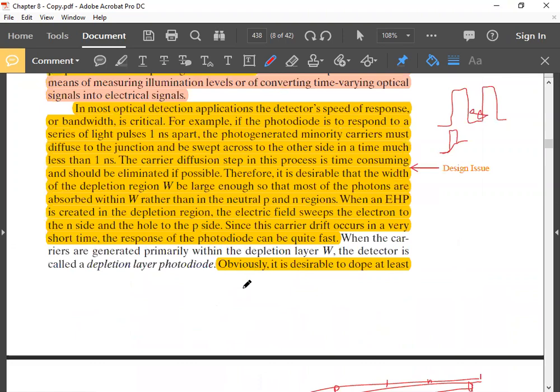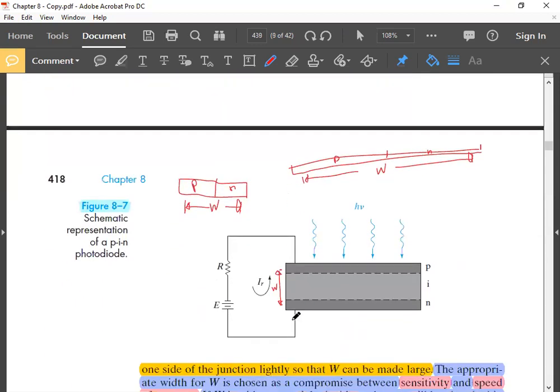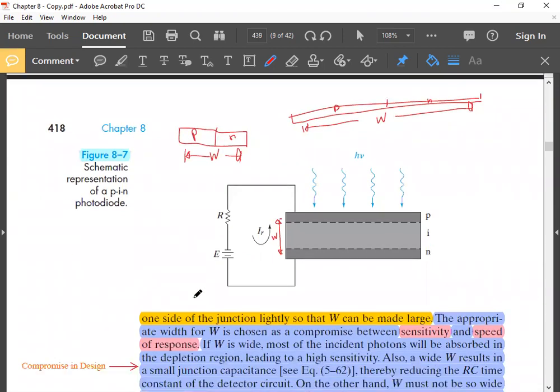You can dope both sides of the PN junction lightly, or at least one side, so that you can get large W. Remember, if you dope P and N side, both sides heavily, W will be small. But from this discussion, we can see that W should be large to generate most of the excess carriers within W. So that's why the doping cannot be large on both sides. At least one side doping should be light.